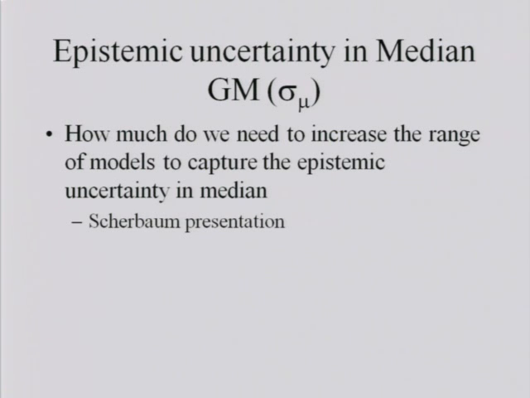The models that we use, okay, in hazard analysis are based on what's been published or what's been put forth. But as more information comes out, more people publish models, and now my epistemic uncertainty gets bigger, right? So we've had the continuing problem of the more research we fund, the more models we get, the bigger our uncertainty, right? So we're not making progress, we're going the other way.